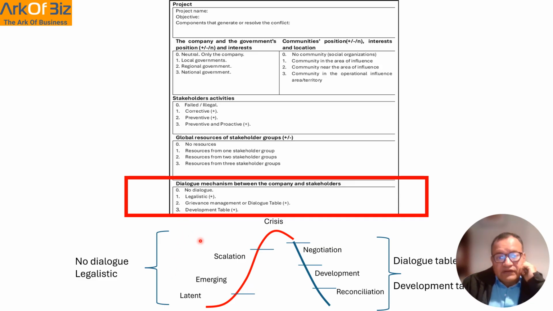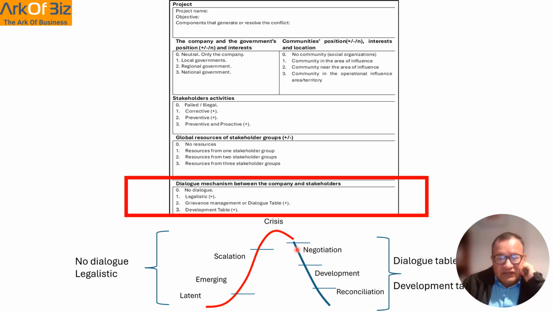Okay, let's see the relationship between the prompts inside these elements and the social conflict stages curve. So for the red line, we have no dialogue or legalistic. The absence of dialogue and reliance solely on a legalistic mechanism are likely to trigger the social conflict escalations and lead to the withdrawal of the social license to operate.